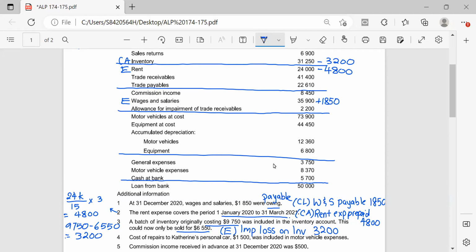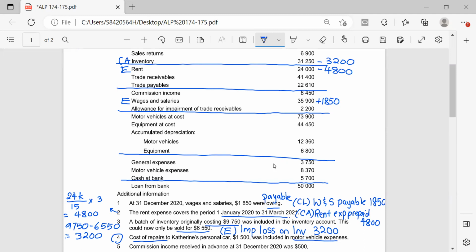Okay, number 4 is actually a correction of errors, something we have just done. So for this particular adjustment, cost of repairs to Catherine's personal car, which should be drawings, is actually included in your motor vehicle expense account. Okay, so the wrong account is actually your motor vehicle expense.